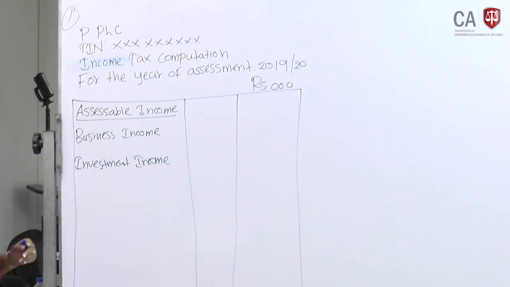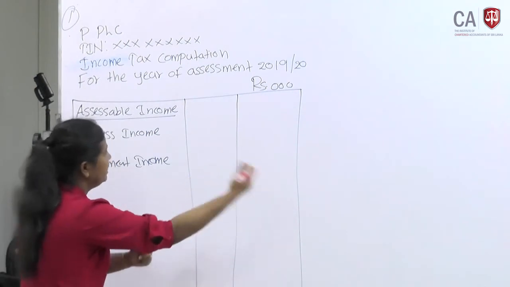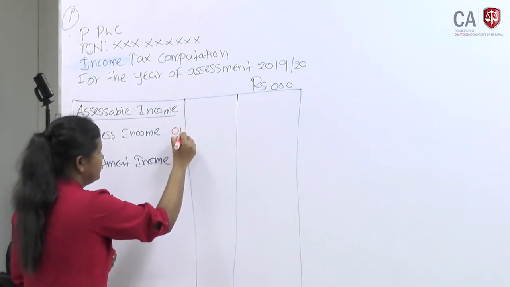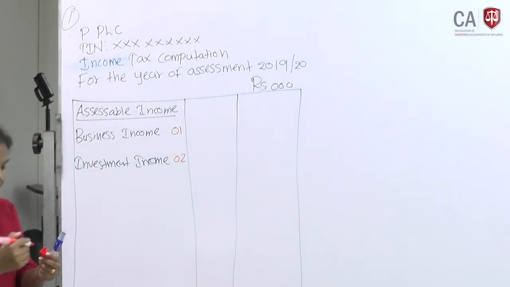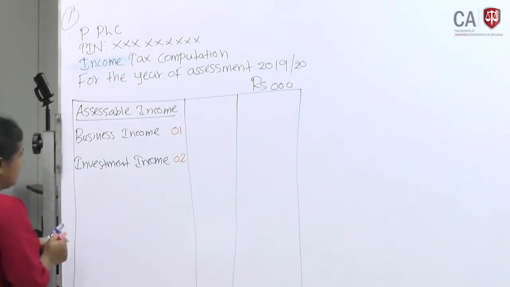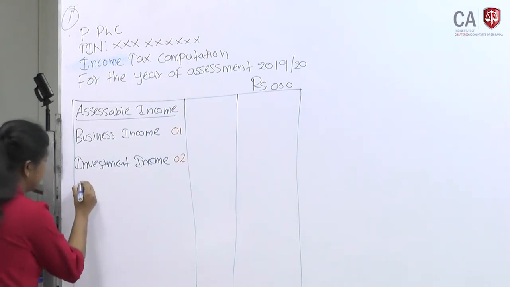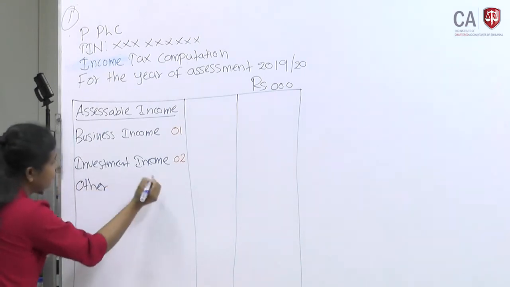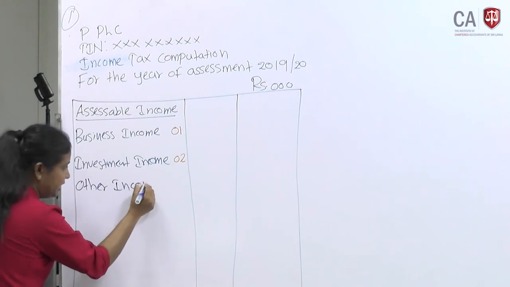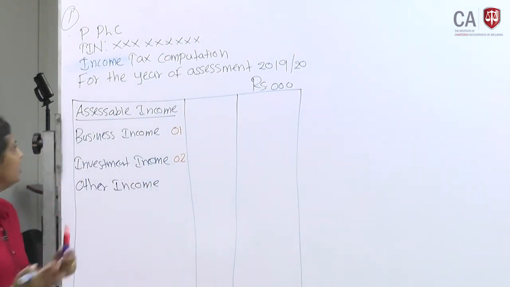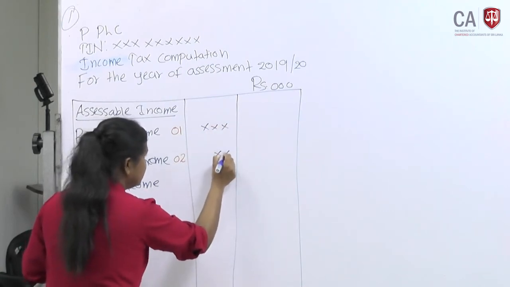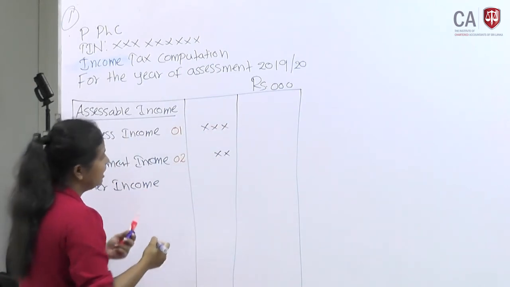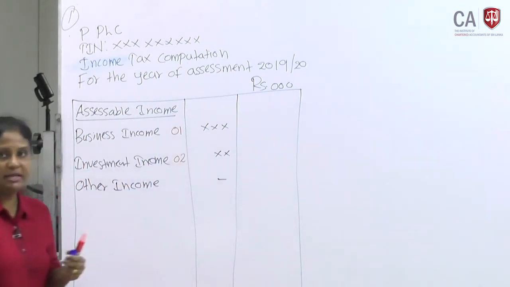Here I will put schedule numbers. My first schedule in my question is business income, the second schedule is investment income. Then the other income, if there is any, we will have a line for it, maybe not, maybe there. Business income, we have a figure; investment income, we may have a figure. Here I am taking that I don't have any other income.